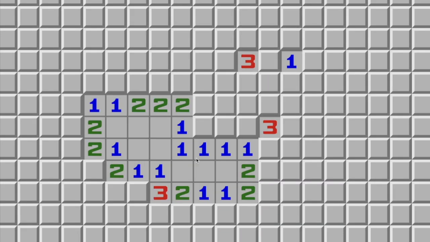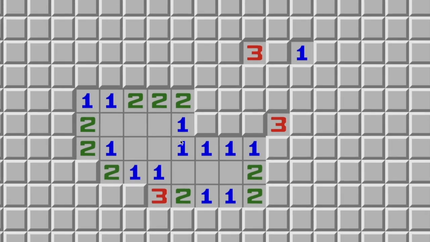Now, just as we were able to deduce which tiles certainly have to be mines in certain scenarios, we can deduce which tiles have to be safe in certain scenarios. So if we look right here, we have a corner 1, so we know we can just mark this as being a mine.